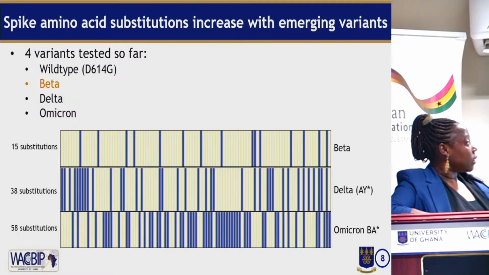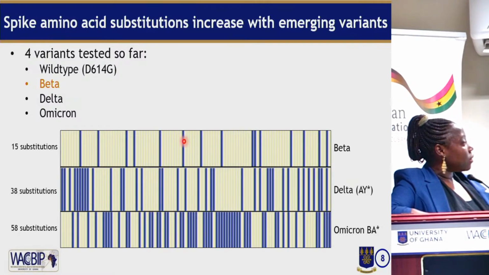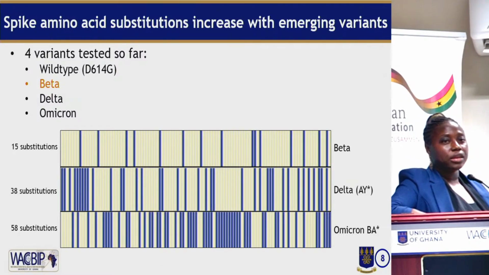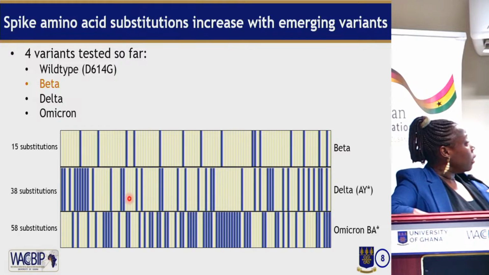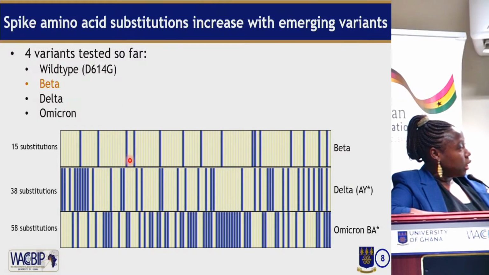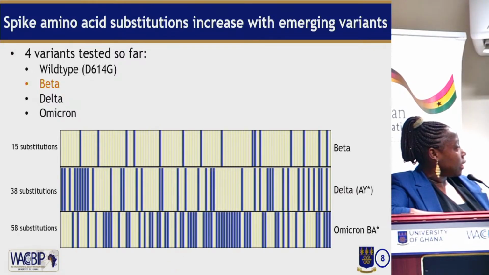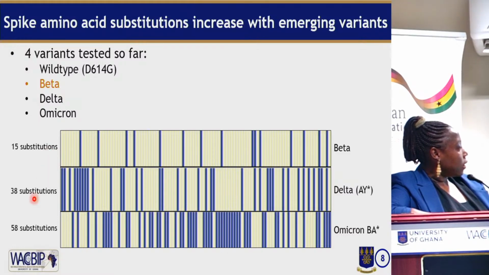Looking at certain spike amino acid substitutions, as I mentioned, the neutralizing antibodies would normally interact with surface proteins. In the case of SARS-CoV-2, it's the spike protein that is one of the important proteins for immunogenicity. Looking at the spike protein of these variants and how they differ from the wild type, you find that Beta has just 15 substitutions, while Omicron has 58.